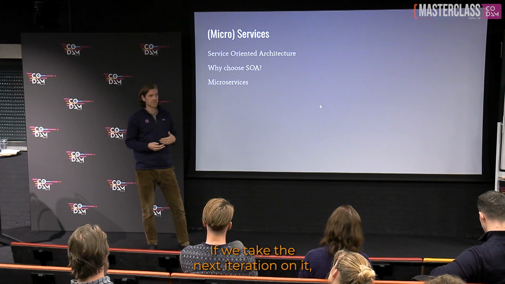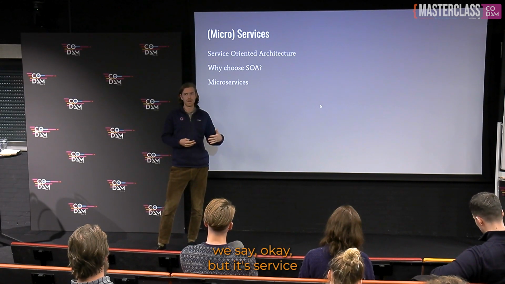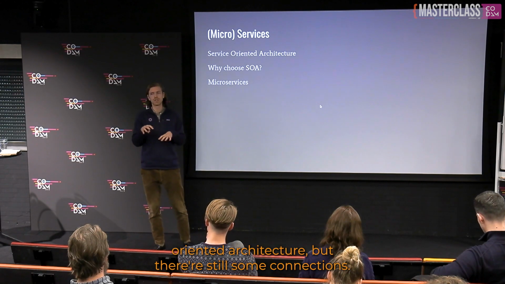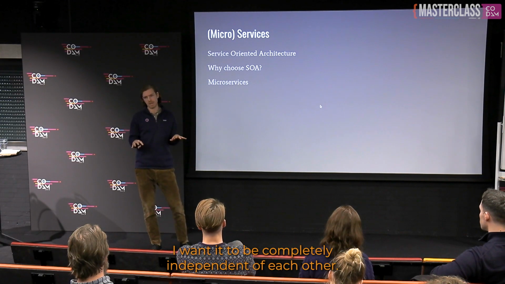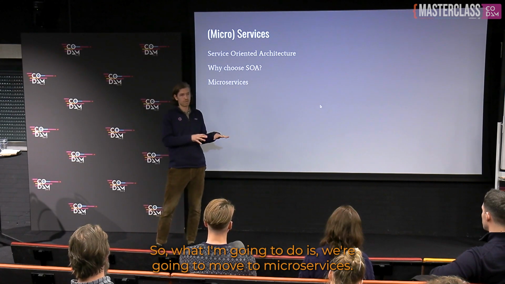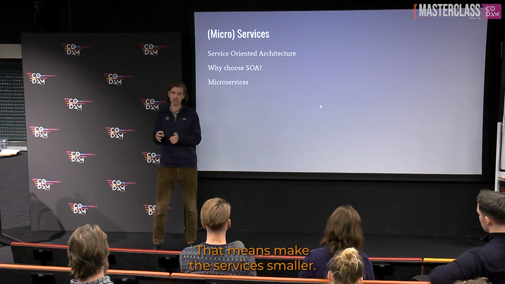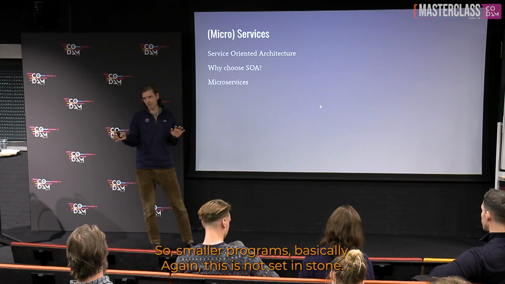If we take the next iteration on it, we say, okay, it's service-oriented architecture, but there are still some connections. I want it to be completely independent of each other. So we're going to move to microservices. That means making the services smaller, so smaller programs, basically. Again, this is not set in stone, right?